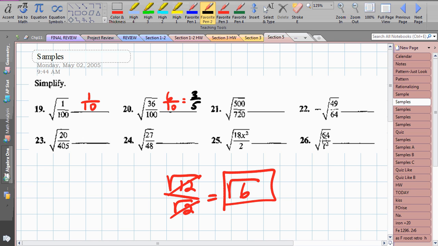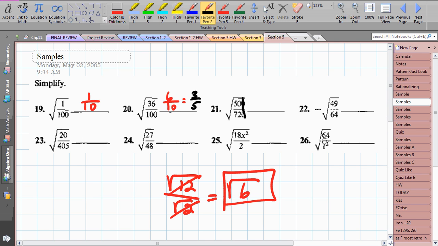In this case with number 21, notice the zeros cancel, because 500 divided by 720, it's like dividing each one by 10, which gives us 50 over 72. And if you notice, 50 divided by 72, what factors go into both of those evenly?